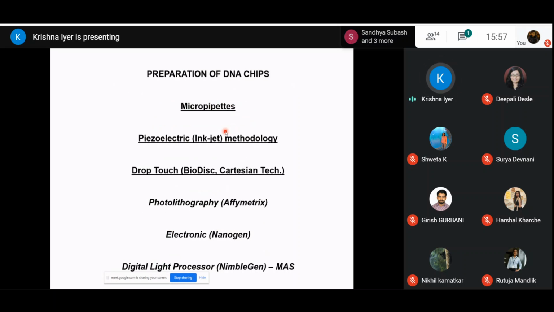There are two basic approaches to making what are called DNA chips or DNA microarrays. In the first three methods, which are underlined, what you do is very specifically use what is called solid phase DNA technology, which is now very well known and very well accepted.